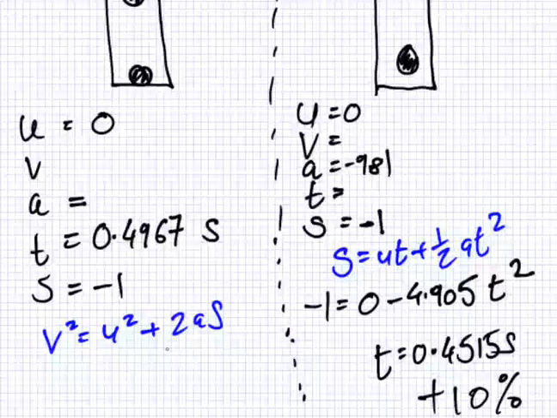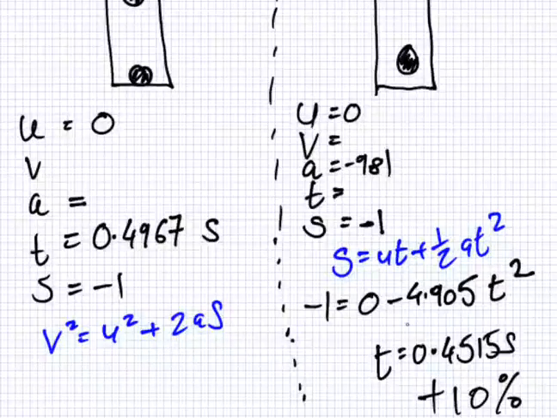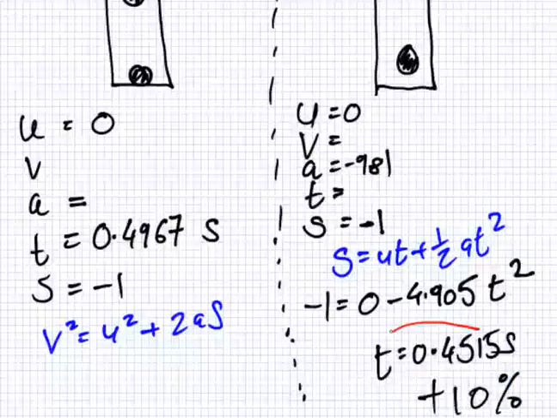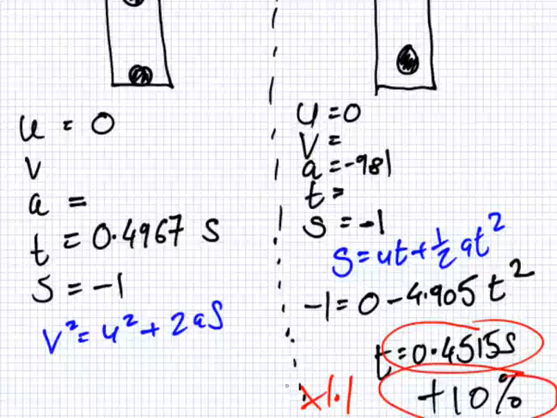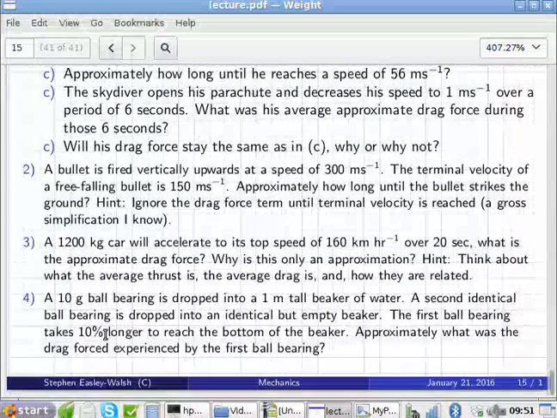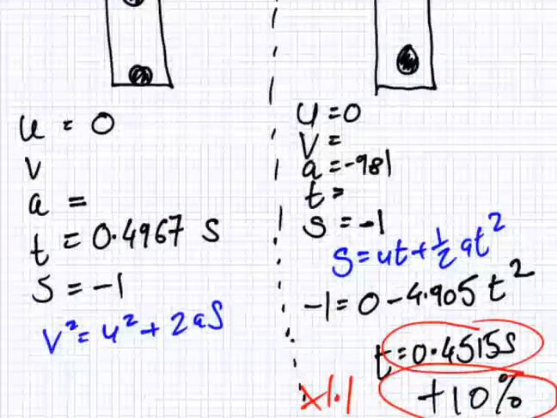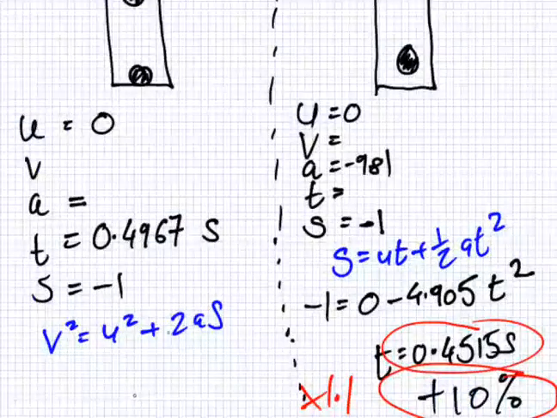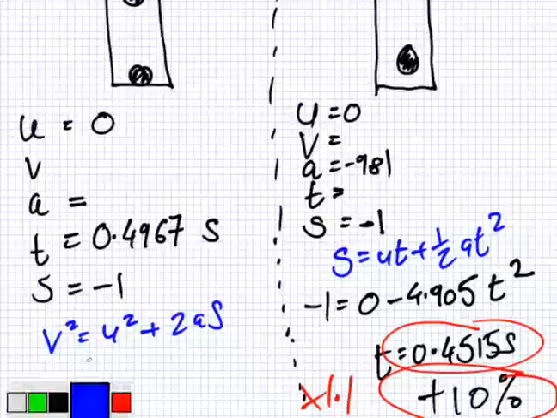Let's get the A. V squared equals U squared plus 2AS. Is T multiplied by 1.1? Yep.